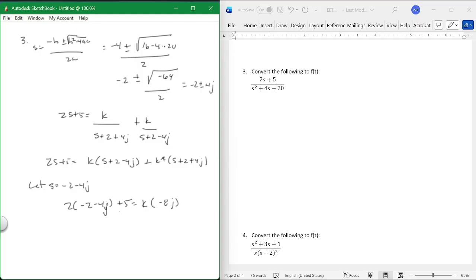And this is minus 4 plus 5 is 1 minus 8j over minus 8j.